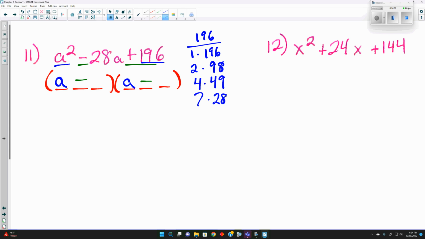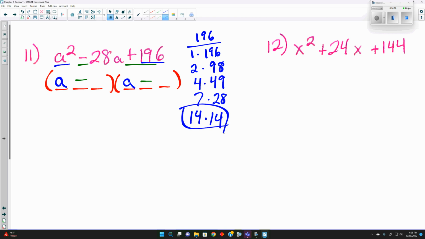196 divided by 8 does not work. 9 doesn't work. 10 doesn't work. 11 doesn't work. 12 doesn't work. 13 doesn't work. And the last one is 14 and 14.